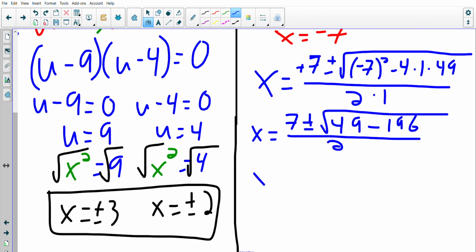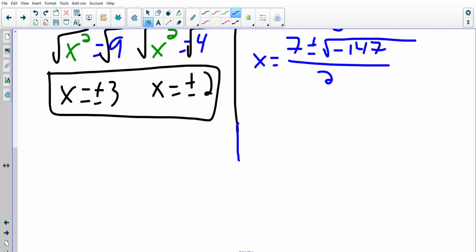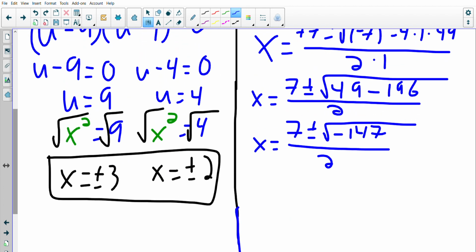Keep going. x is equal to 7 plus minus the square root of negative 147 all over 2. Well, square root of a negative, well, that's not nice, but it's imaginary, so we can take that out. So when we do our simplifying, our root work, we get x equals 7 plus minus 7i square root of 3 all over 2.